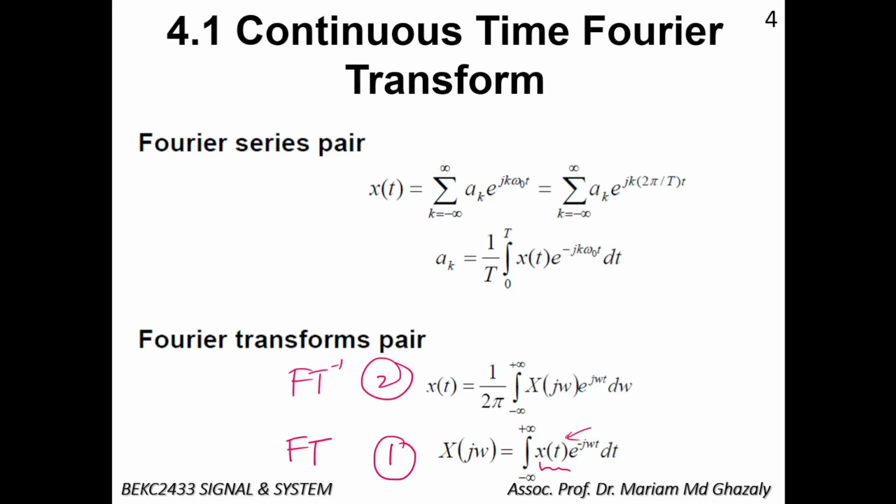The second equation is the inverse Fourier transform. So how you write it is F for Fourier transform, and the second equation is the inverse. If you learned Laplace before, you write it as Laplace, and then for inverse Laplace, it's the same thing.